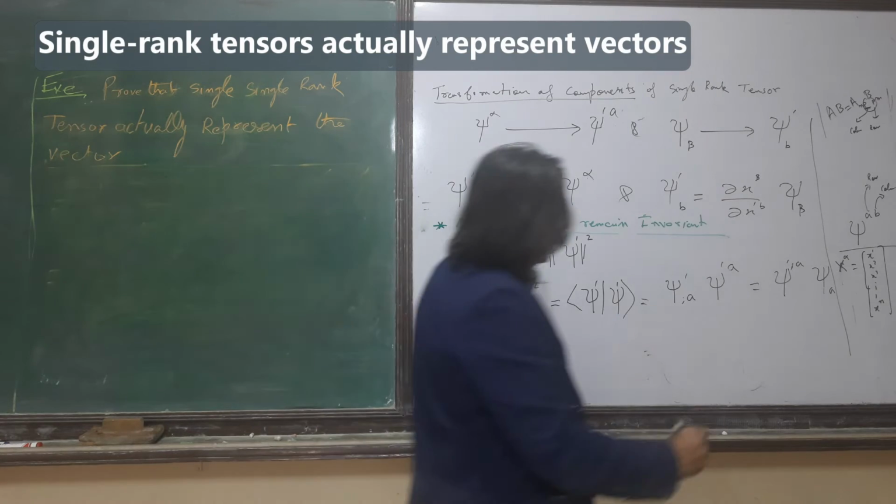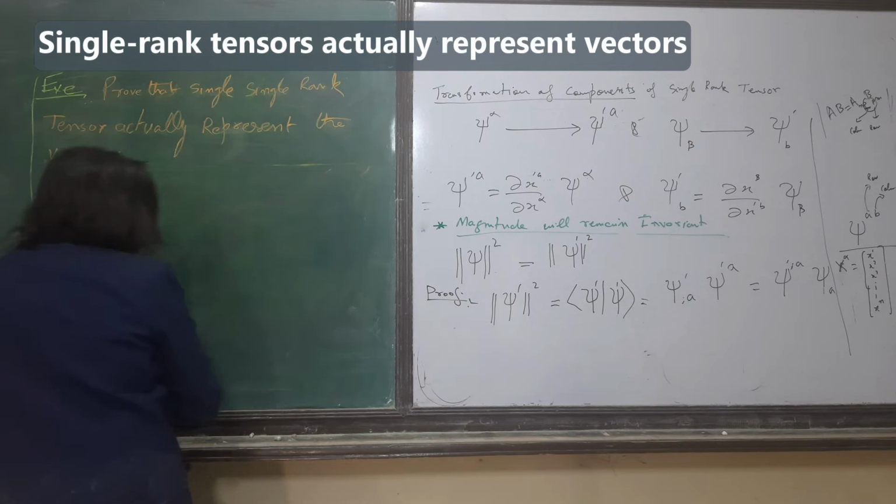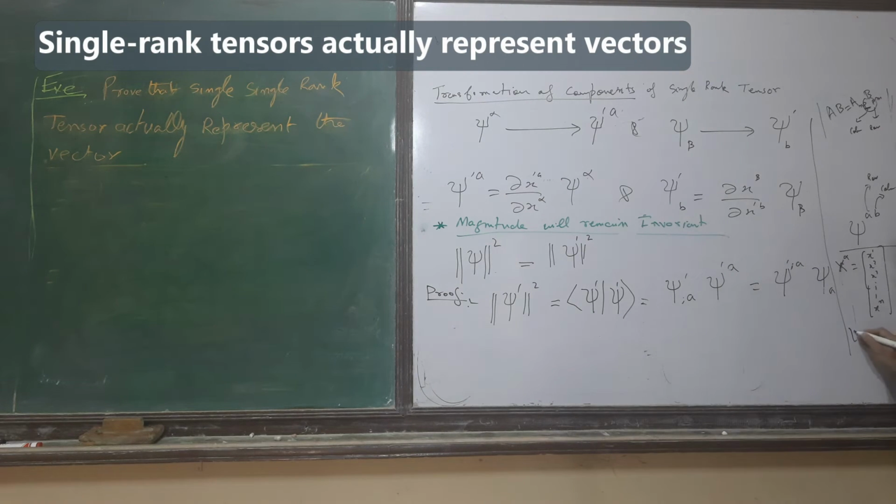And if you are using the column index, if the column is changing, then that will be a row matrix. Got it? If the index is row and the row is changing, then that will make a column. If the column is changing, then that will make a row.